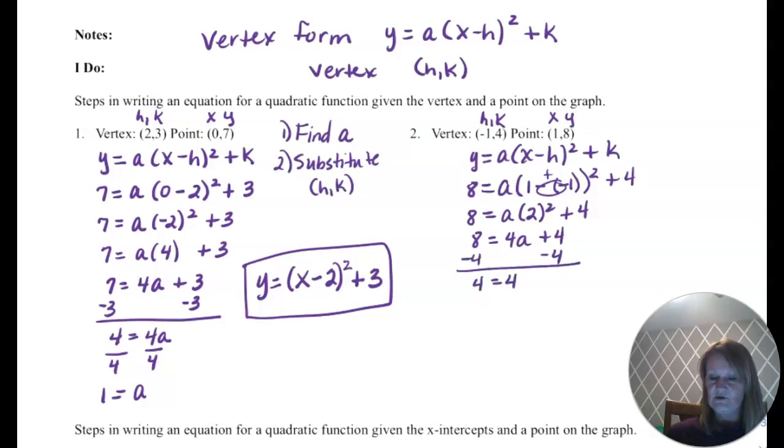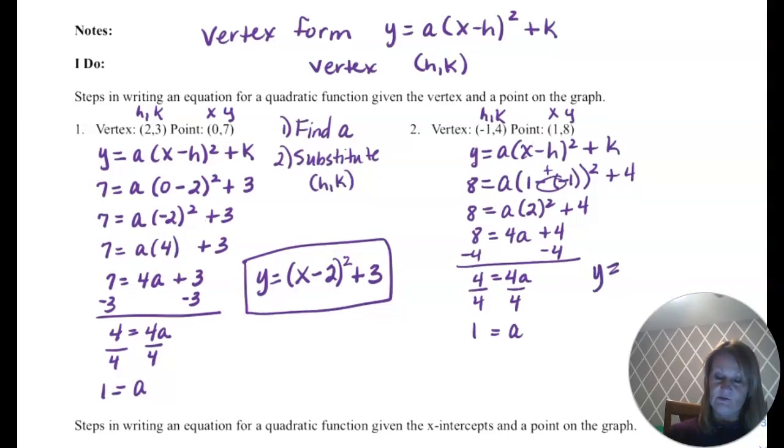It just happens to be here. So again, now I'm going to find a. I did that. Now I'm going to put my h, k in. So y equals a, which is 1, times (x minus h), and this is minus a negative, so this could be plus 1, squared, plus 4. Final answer.